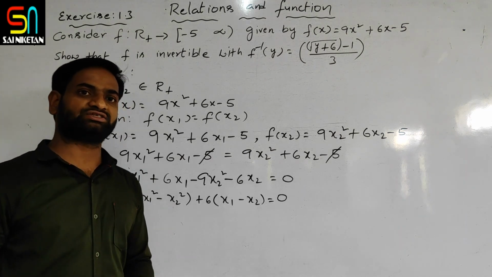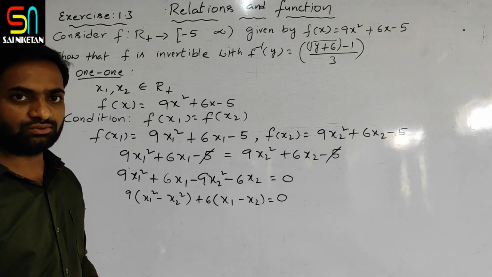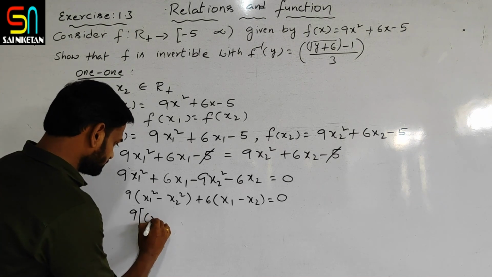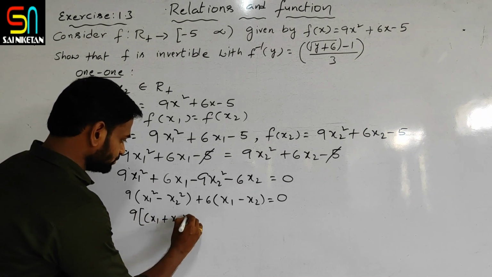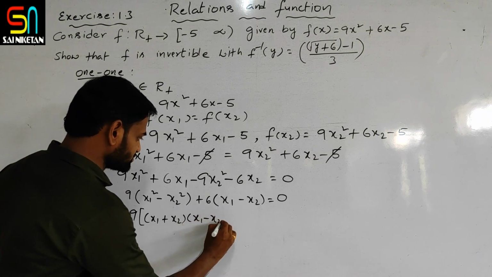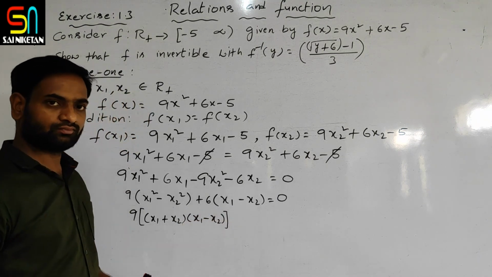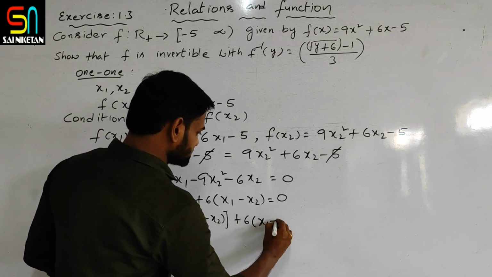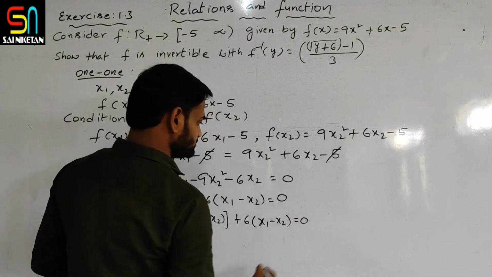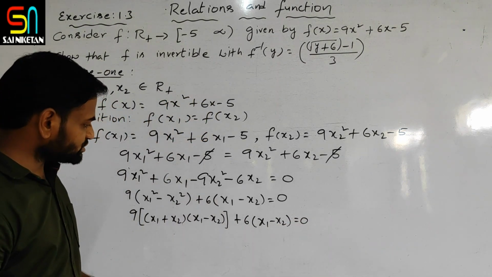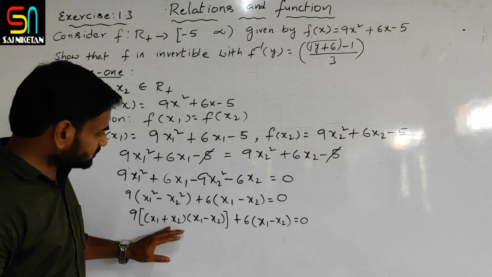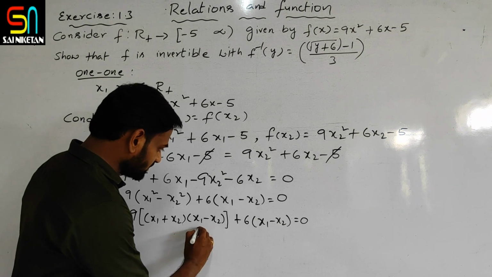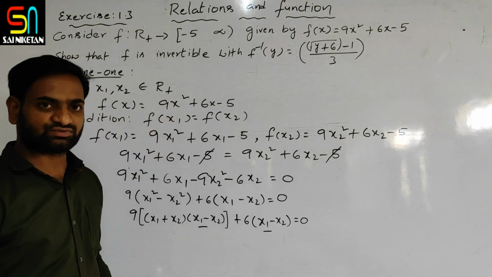Now here, this is a square minus b square. How to write a square minus b square? That is a plus b into a minus b. That's why I am writing here 9 into x1 plus x2 into x1 minus x2. Next, plus 6 into x1 minus x2 is equal to 0. In the next one, in the two terms, what is the common term? See here, x1 minus x2 here, and here also x1 minus x2.